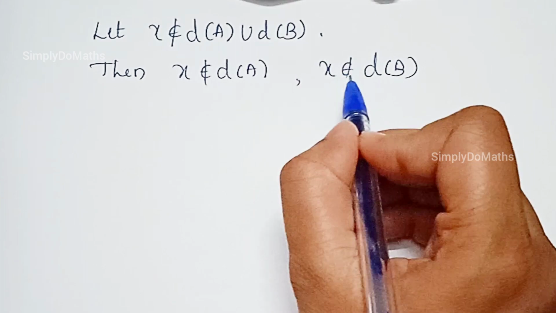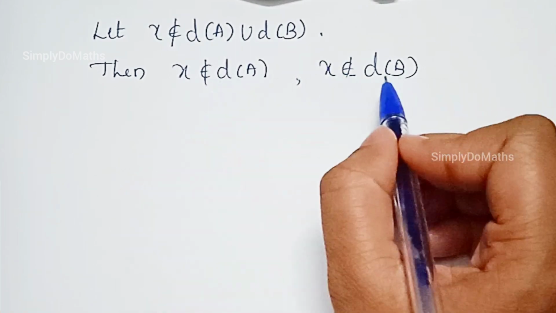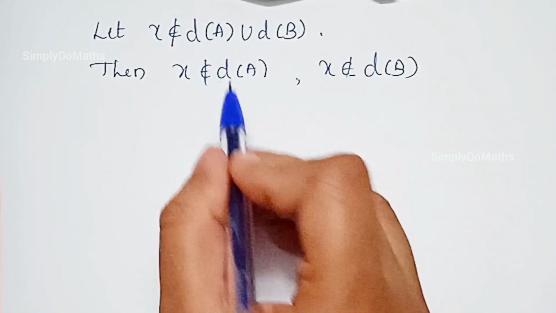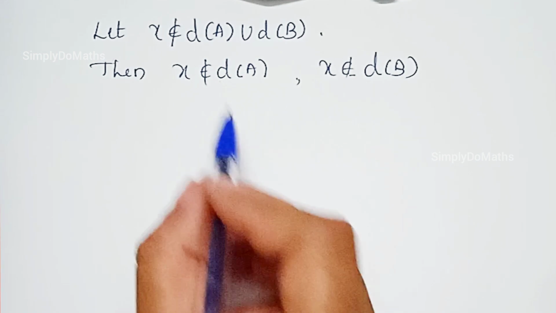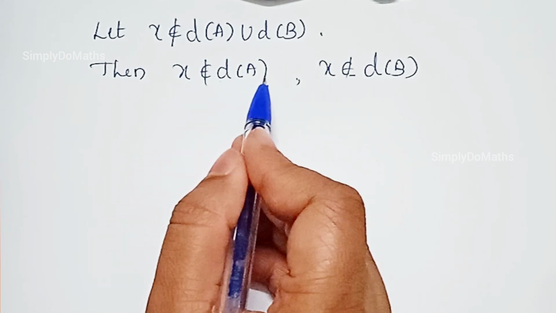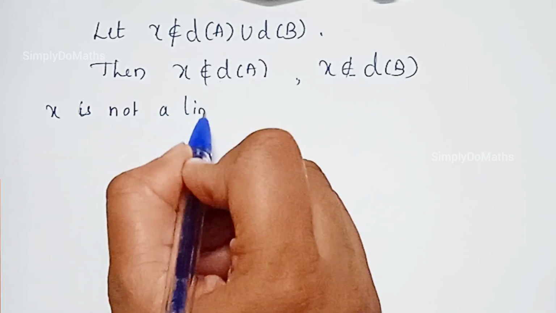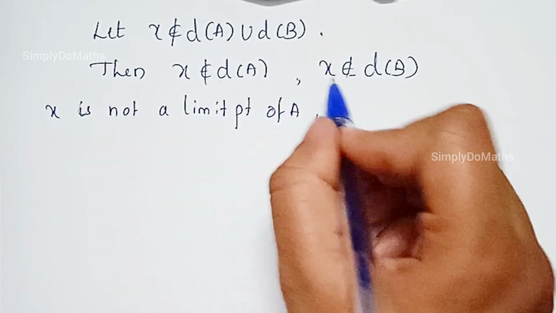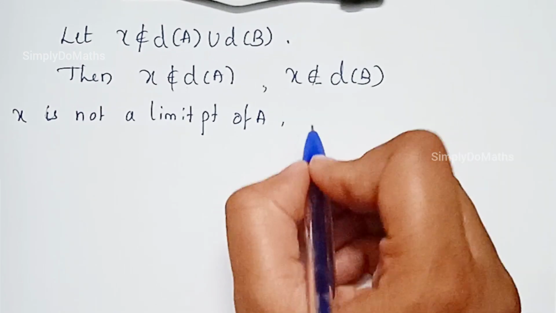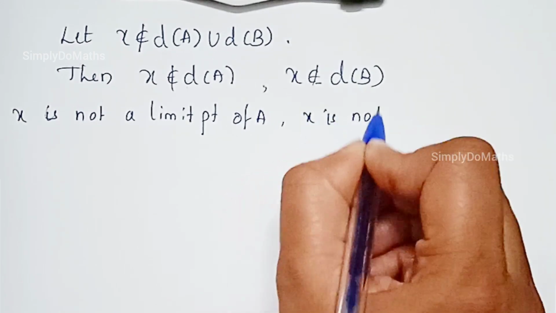So in both cases, the derived set of A and the derived set of B both do not contain X. X does not belong to the derived set of A implies X is not a limit point of A. Similarly, X does not belong to the derived set of B implies X is not a limit point of B.